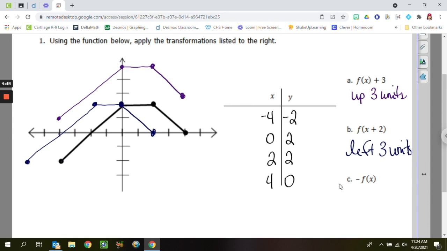So the question will be, the negative is outside after the function versus inside on the x. So if the negative was inside here as this, that would be changing our x values.